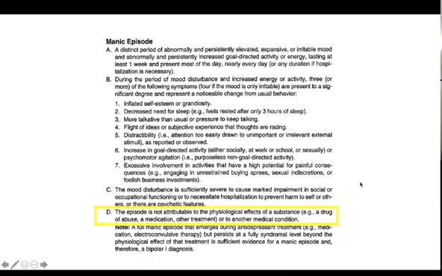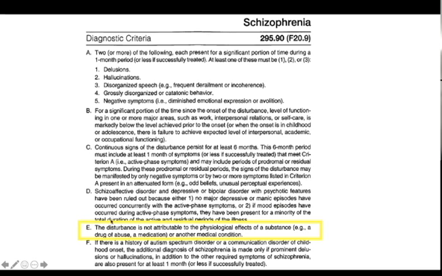Manic episodes, could mania be due to this? Yes, criterion D: the episode is not attributable to physiologic effects of a substance or another medical condition. So literally they're just copying and pasting this. And this is true for every single disorder, schizophrenia as well. If you go through the DSM, this is not an exhaustive list, but I wanted to show you that this is true for each of the major disorders that we see.